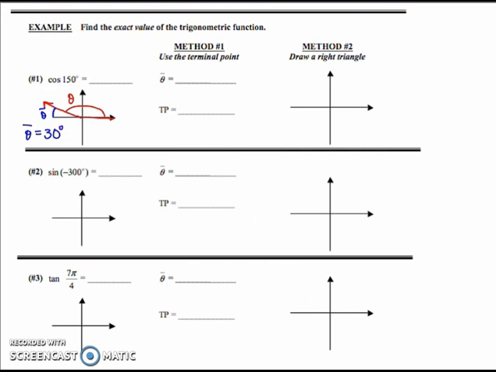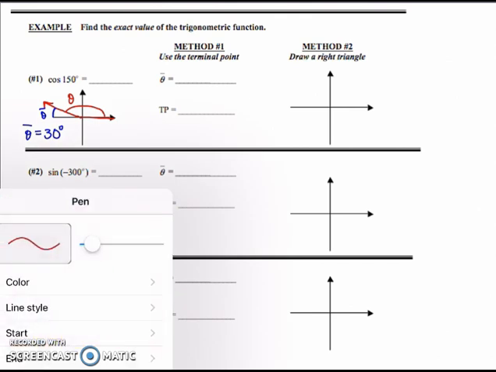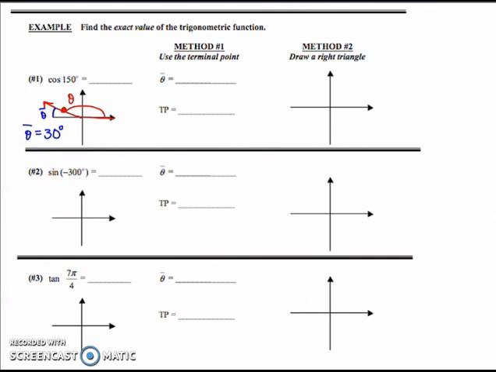Okay, well, again, we can think about this in 2 different ways. The first way is we can look at the terminal point on the unit circle at that ordered pair, and we know that the terminal point at 150 degrees is negative square root of 3 over 2 comma 1/2. And the cosine of the angle is always the x value.